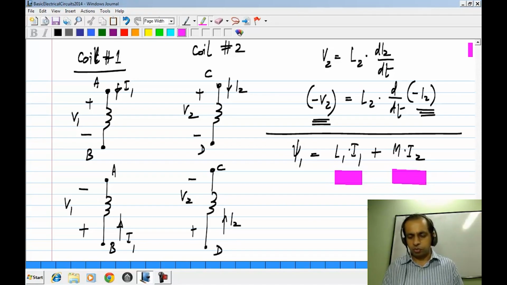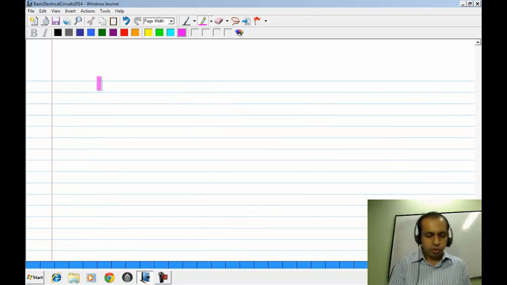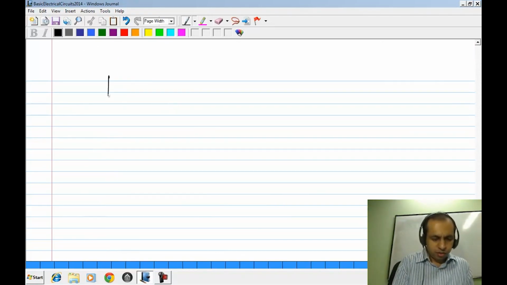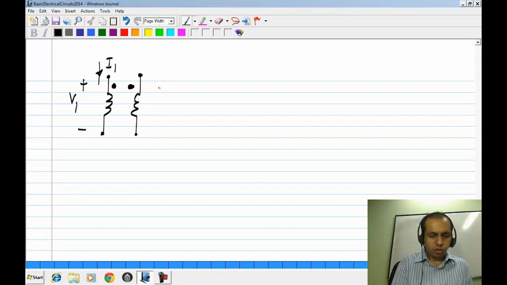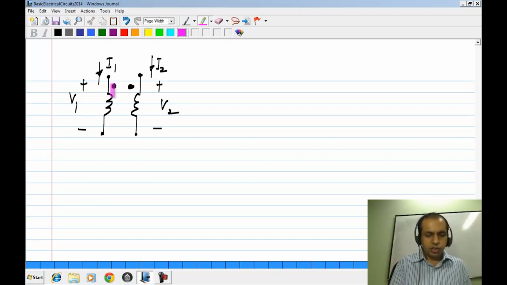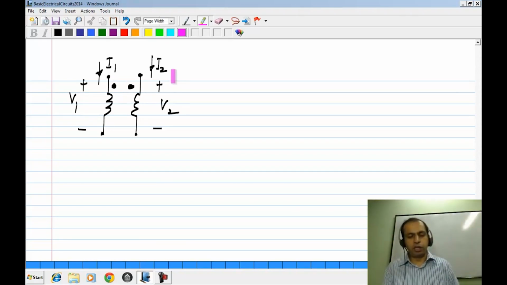So, to remove this ambiguity, when you have a mutual inductor, let us say you have V1 and I1, you place dots next to the two coils, and you have V2 and I2. These dots are there so that the sign ambiguity in the mutual coupling is removed.